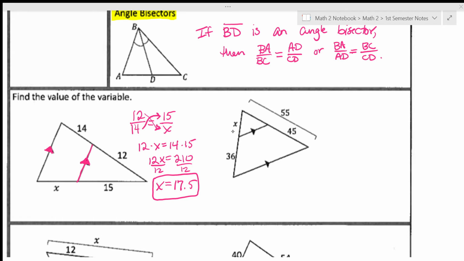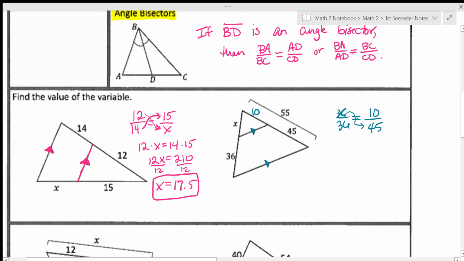Okay, then our next problem is similar. You have parallel sides, so we know that our pieces would be proportional. So we can go x over 36 equals, and what we need to make sure we do here is the whole thing is 55, but we only need the short piece, the piece that corresponds to the x on the other side. So that piece would be 10 over 45.